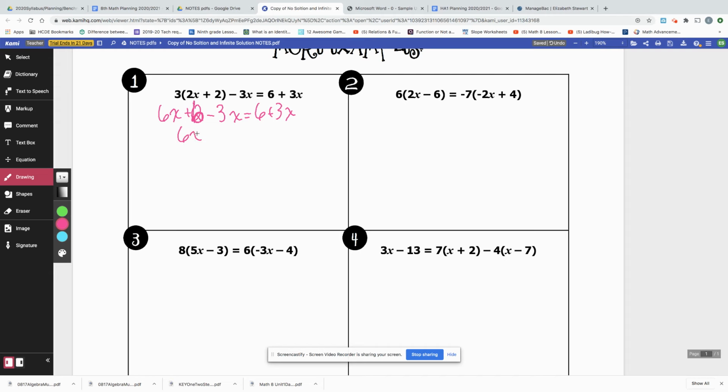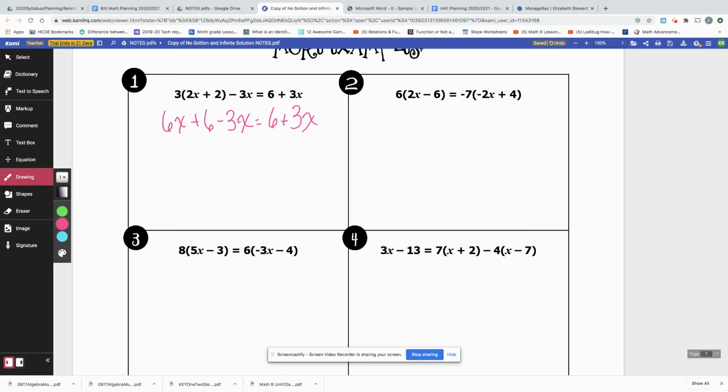Combine like terms. 6x plus 3 equals 6 plus 3x.